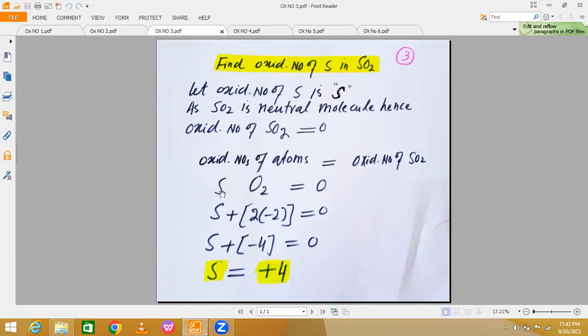We have to find the oxidation number of sulfur, so we write sulfur here, plus the oxidation state due to oxygen. There are 2 oxygen, and the oxidation number of 1 oxygen is -2. 2 into -2 comes to be -4. And in this way, we calculated that sulfur's oxidation number is +4.